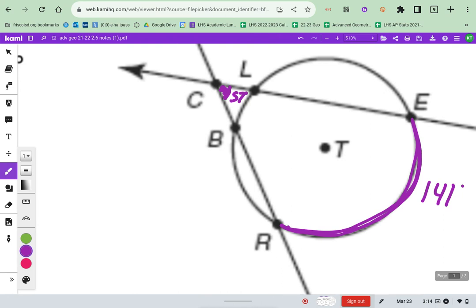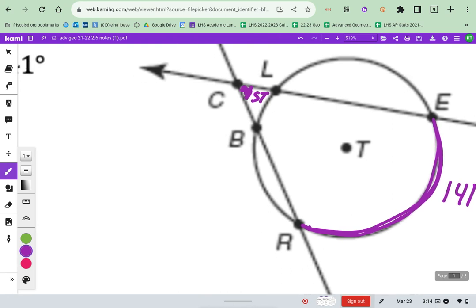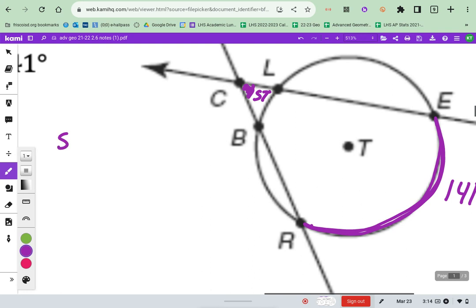So we can set up our equation. So we know that the angle outside, so 57, equals big arc, 141, minus little arc, so I'll call it x because we don't know what it is, divided by 2.